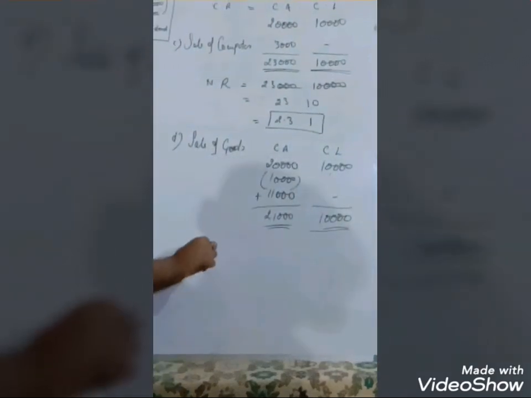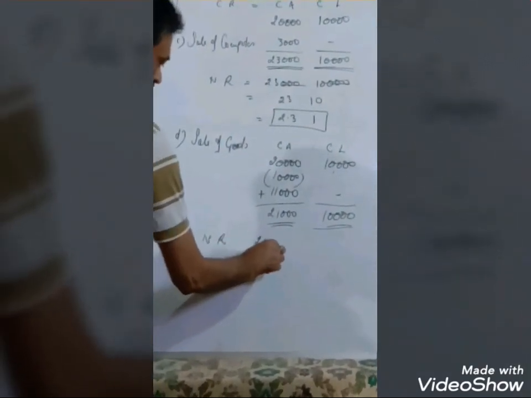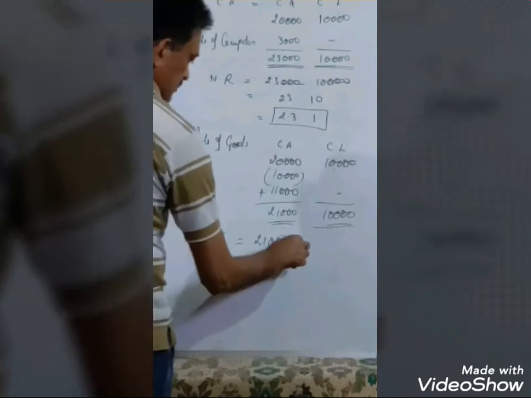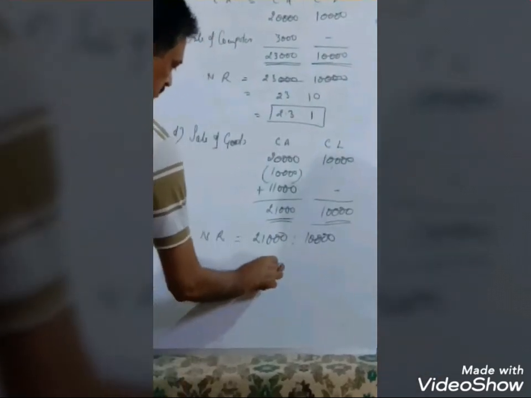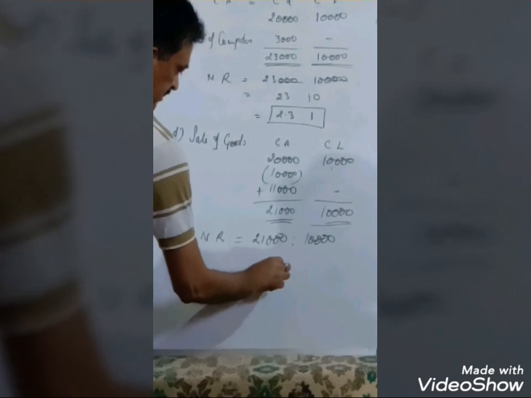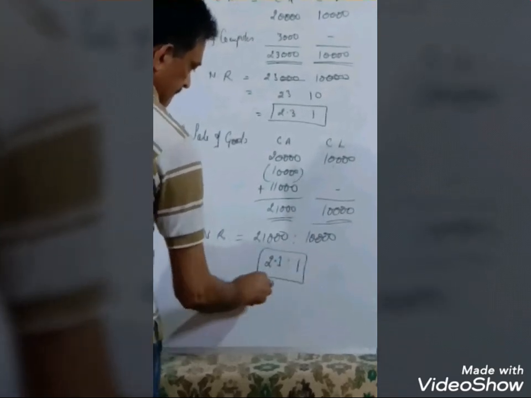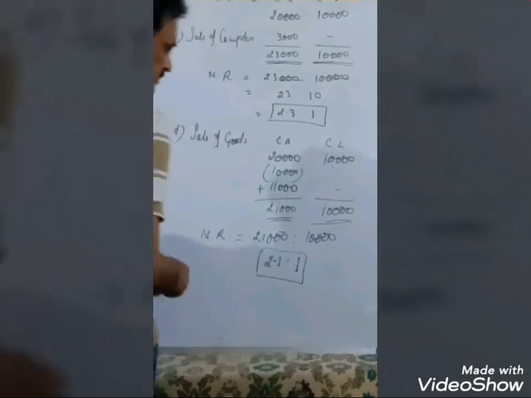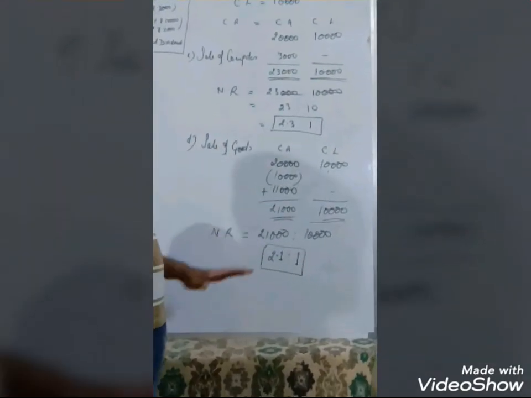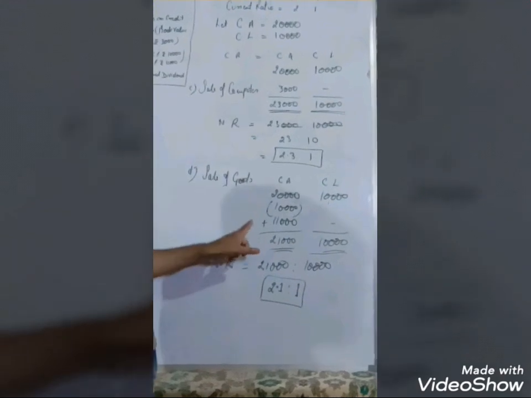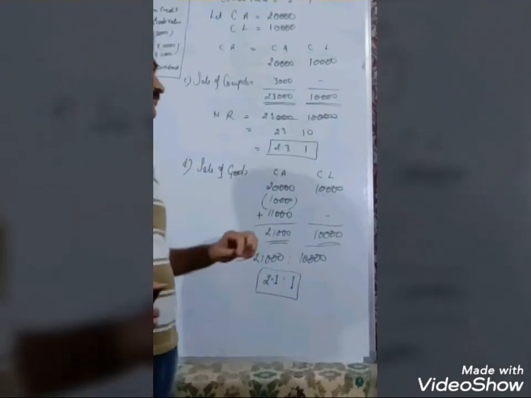Now new ratio after this transaction is 21,000 current assets to 10,000 current liabilities. So new ratio 2.1:1. This transaction also increased the current ratio because there is a net increase of rupees 1,000 in the current assets. So this will increase your current ratio as well.